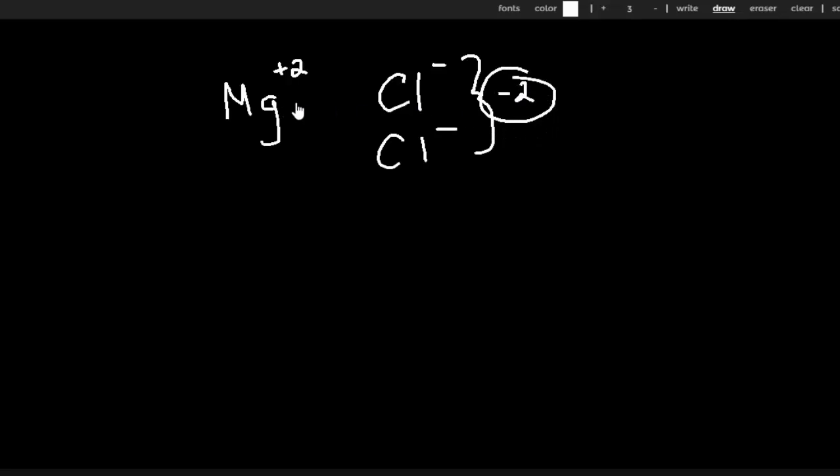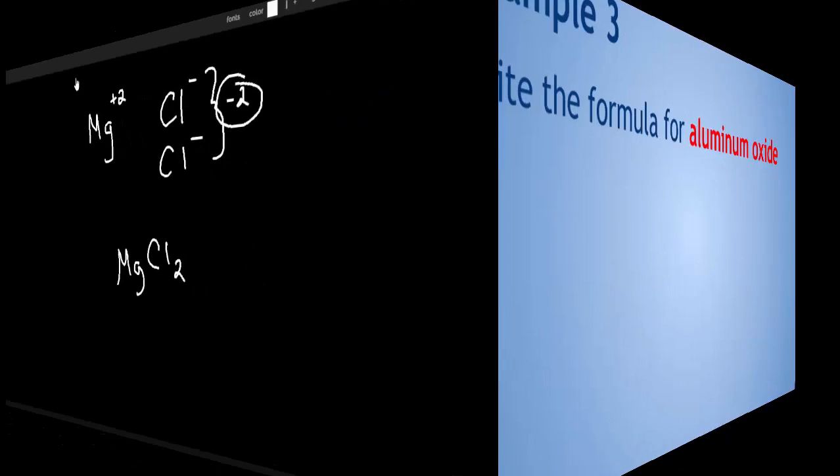That allows me to have 1 magnesium and 2 chlorides. There's the 2 of them, and there's where I put my 2: MgCl2. That's how you do it when your charges don't initially match. You might need to use more than one of the ions to get it to work.